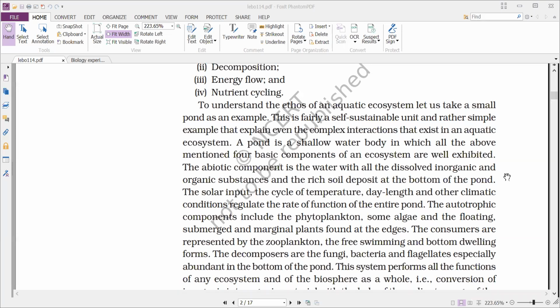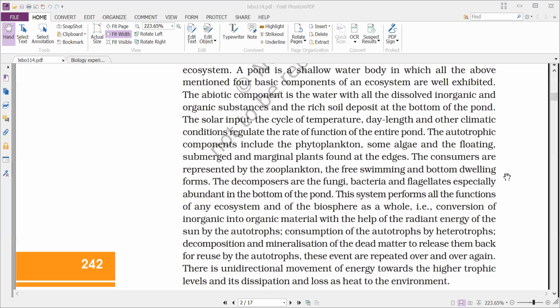In a pond ecosystem, we find all the living components present in any other ecosystem. It has producers, primary consumers, secondary consumers, and tertiary consumers. It possesses autotrophic components, that is producers, which include the phytoplankton, some algae, and the floating, submerged, and marginal plants found at the edges.